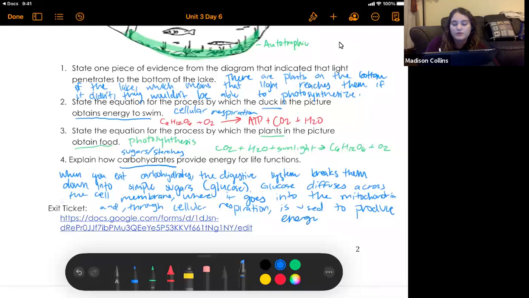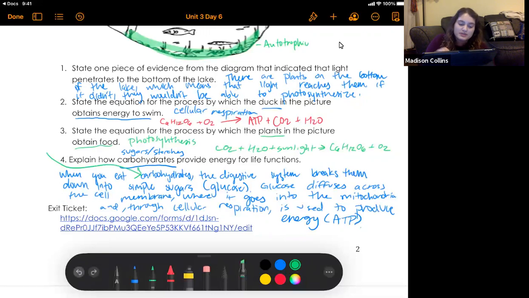And that energy form that's used by your cells is, of course, ATP. So that is how carbohydrates provide energy for life functions. You eat them, they're broken down, glucose travels into your mitochondria, where it's then used in cellular respiration to produce energy. Now, of course, it's also important to note that these carbohydrates originally come from plants.